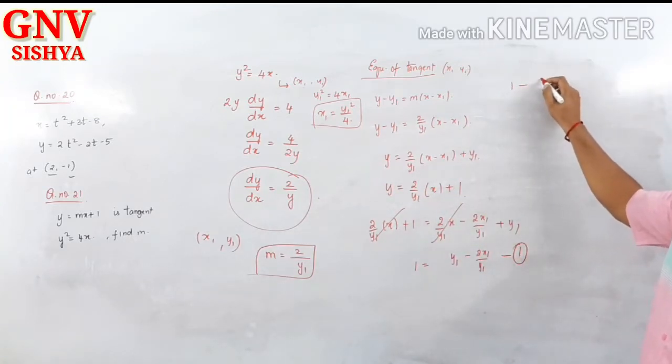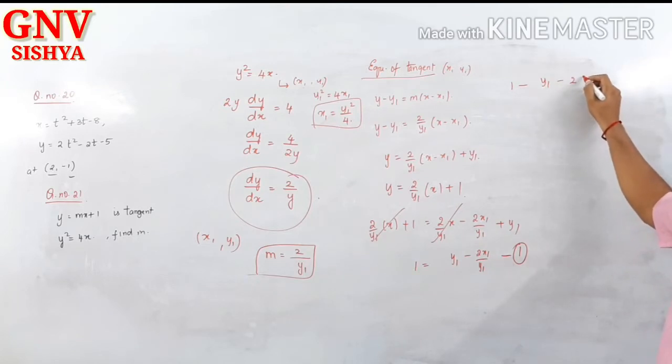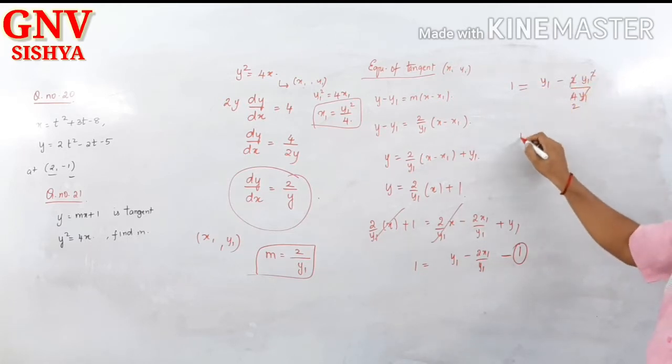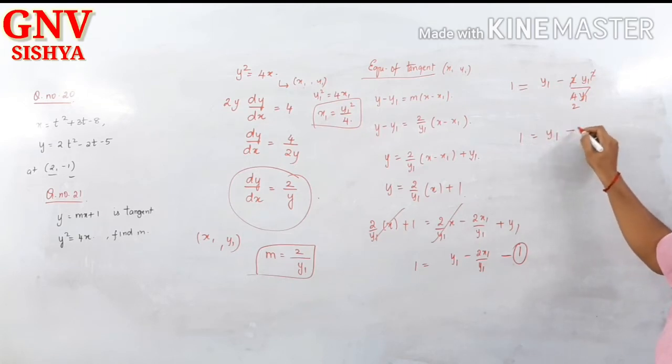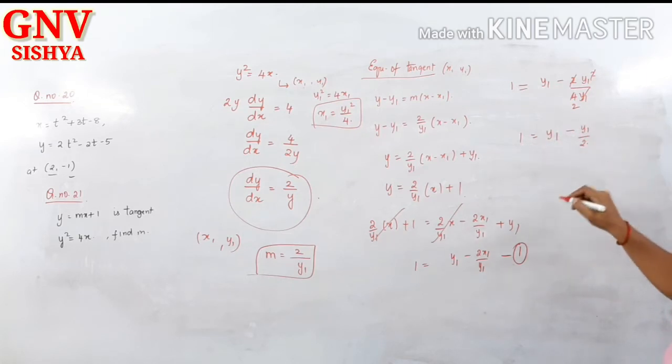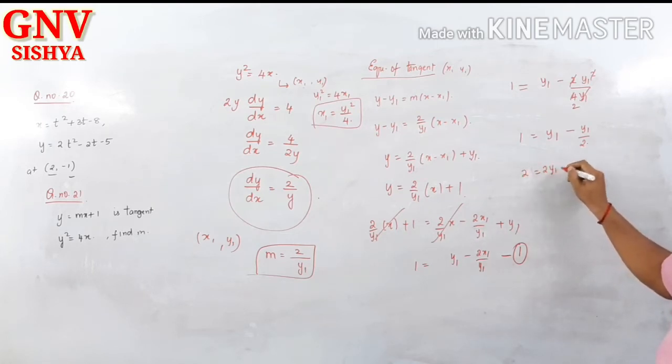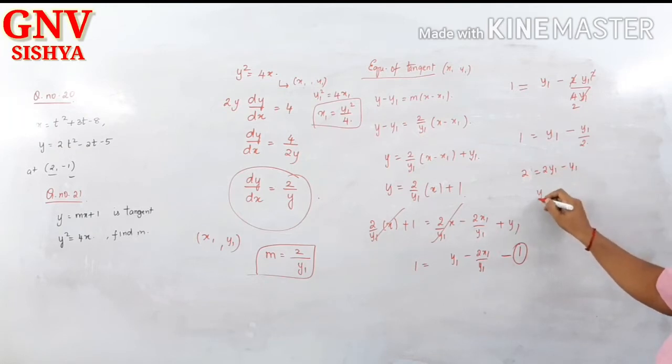So 1 is equal to y1 minus 2x1 by y1, that is y1 square by 4y1. So y1 and the square get cancelled, and this becomes 2. So 1 is equal to y1 minus y1 divided by 2, correct? If you take LCM, 2 is equal to 2y1 minus y1, which is y1. So y1 is equal to 2, you have got.